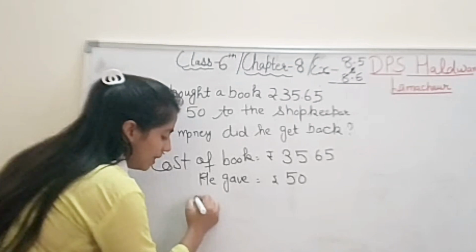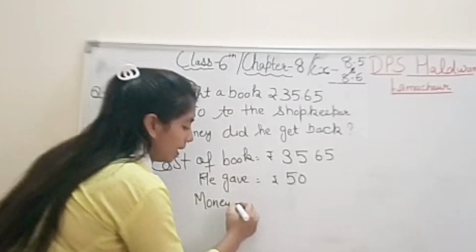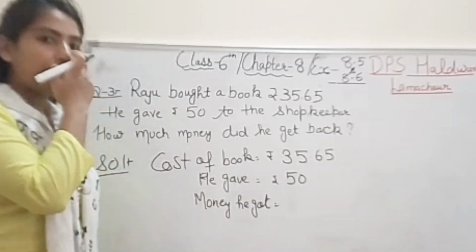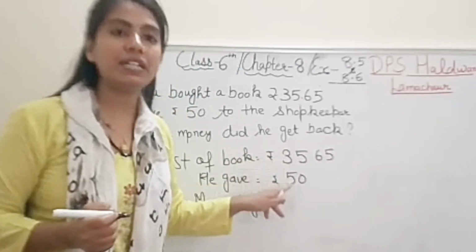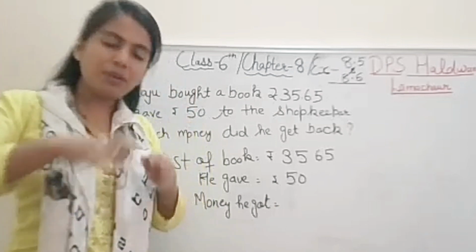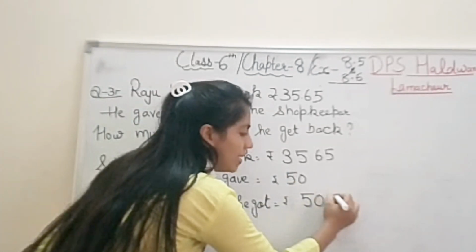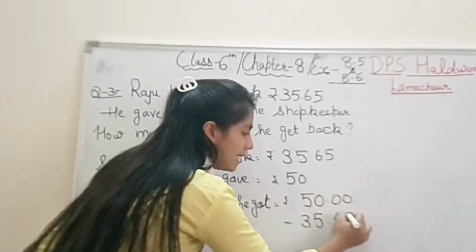It means the money he got back. Now students, you know you will do subtraction. Like this you can't do subtraction, because it is 35 and it is 50, and from 35 you can't subtract. So you will frame the question as rupees 50.00 minus 35.65.